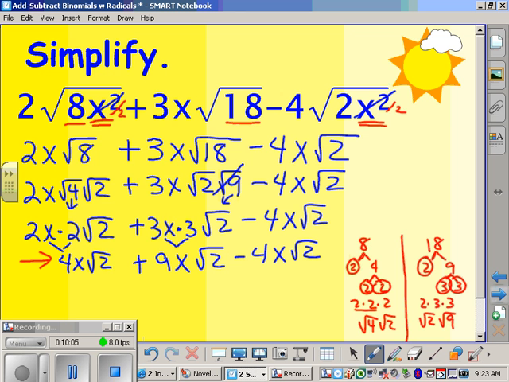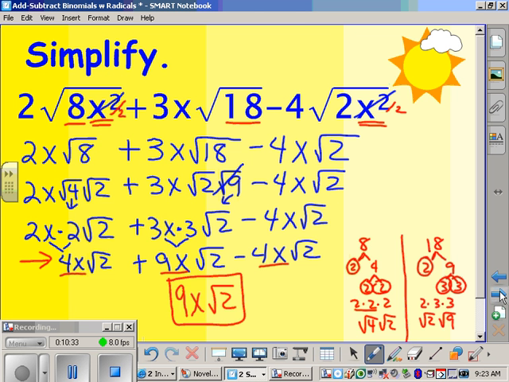Now, they all have radical 2's, and because all of the numbers in front of the radicals have an x, we can add 4x plus 9x and then subtract 4x. So 4 plus 9 is 13x, and then 13 minus 4x is 9x. So our final answer would be 9x in front of the radical, and then we just drop down the radical 2.